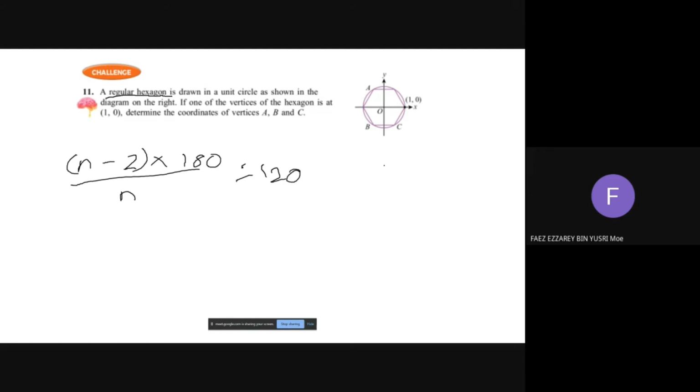So in this case, this entire area is 120.